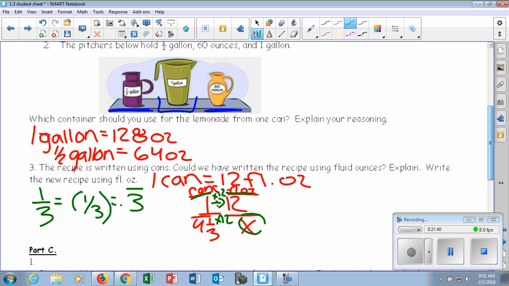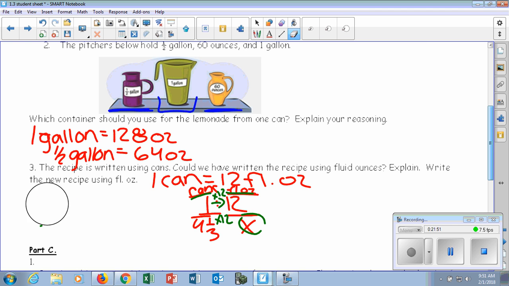How do we get this as a mixed fraction? 4 1/3. Let's write it as an improper fraction, and then we can put it in parentheses like up here. 4 1/3 is what as a fraction? Anyone? We multiply these and then add it up here.